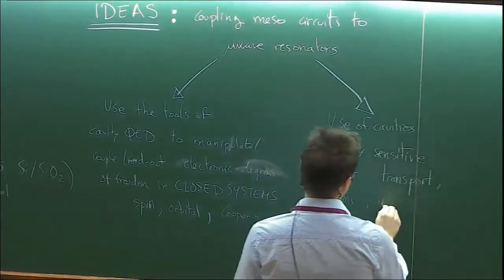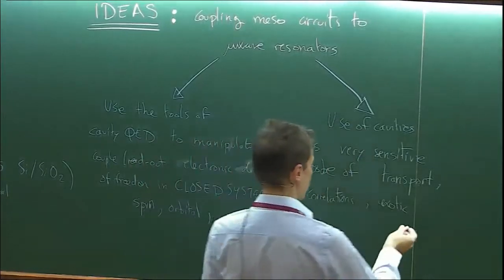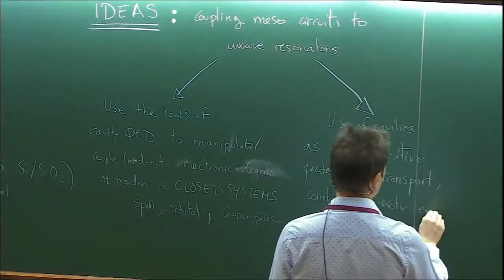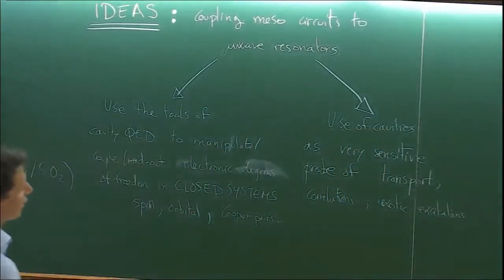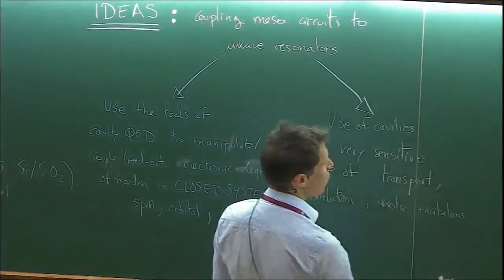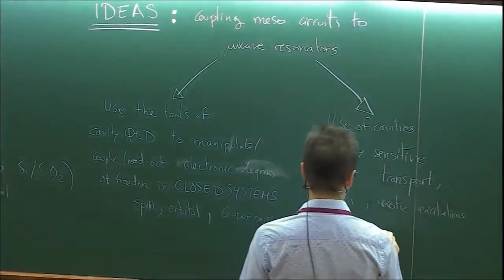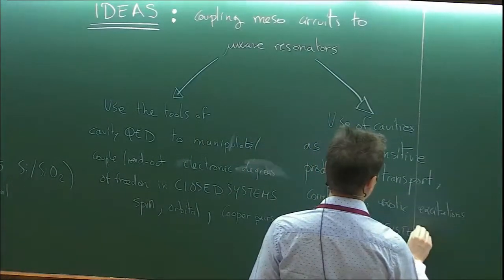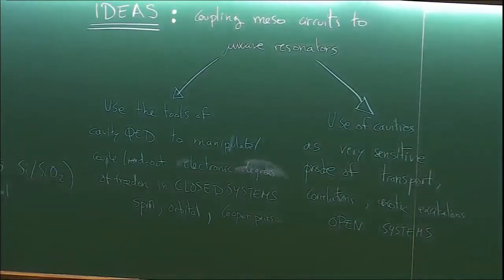And we also want to do some exotic things, so exotic excitations. Okay. Generally, these things will be more in the open quantum system regime. So open systems, meaning that for quantum dots in this regime, the gammas will be large essentially.